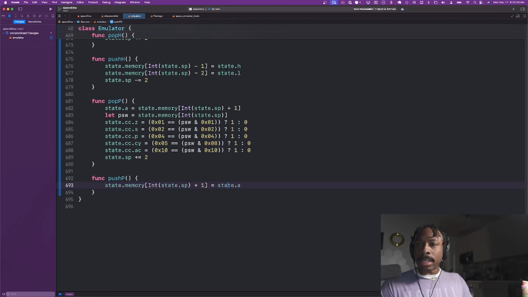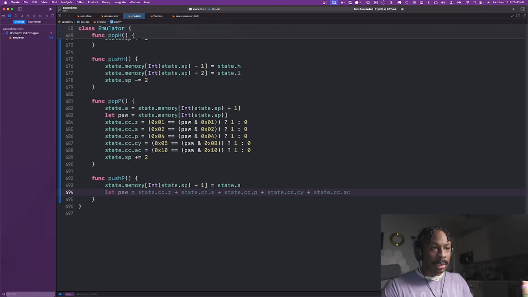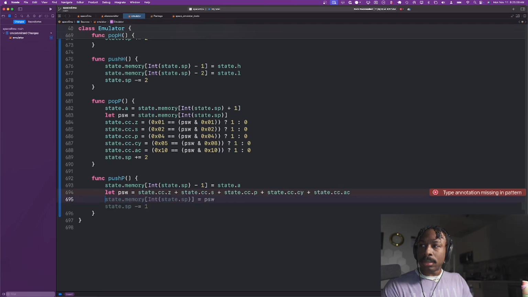Thank you, Jesus. Okay, so for this one, we're just gonna subtract 1 from the stack pointer and set A to that. We're gonna let PSW equal, so it's gonna do this, but no, that's not correct.